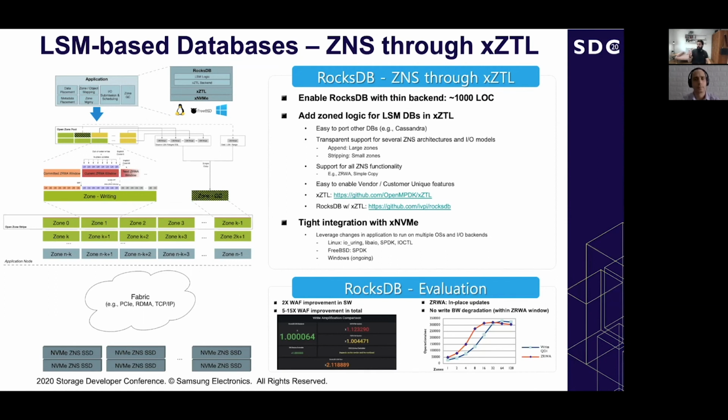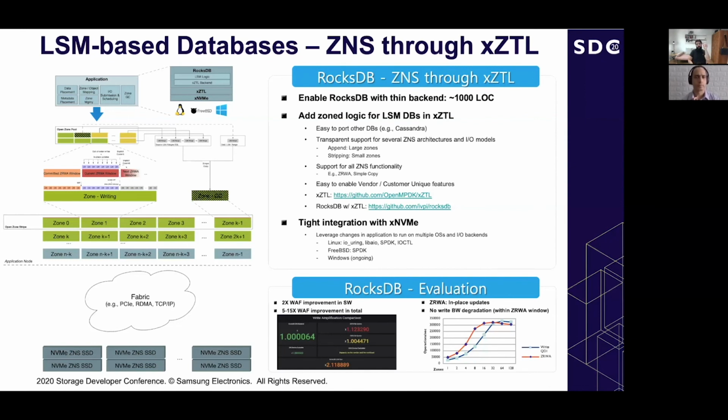If you think of RocksDB, you can think of the HDFS backend, for example. And basically, the approach we've followed is that RocksDB through xCTL and then through xNVMe chooses a pool of zones, and it is choosing a striping approach with a smaller zone so that we can really leverage the small objects on the first levels of the tree and then grow the size as we go to the deeper levels.